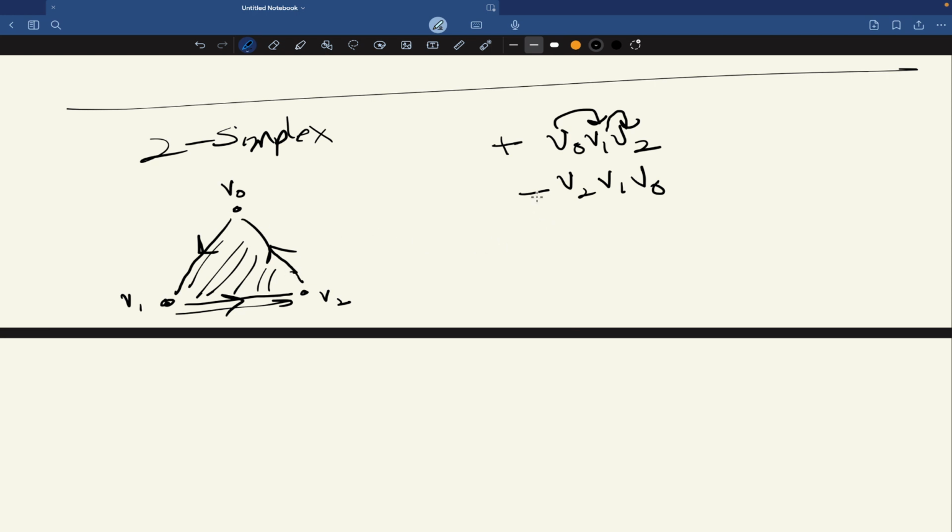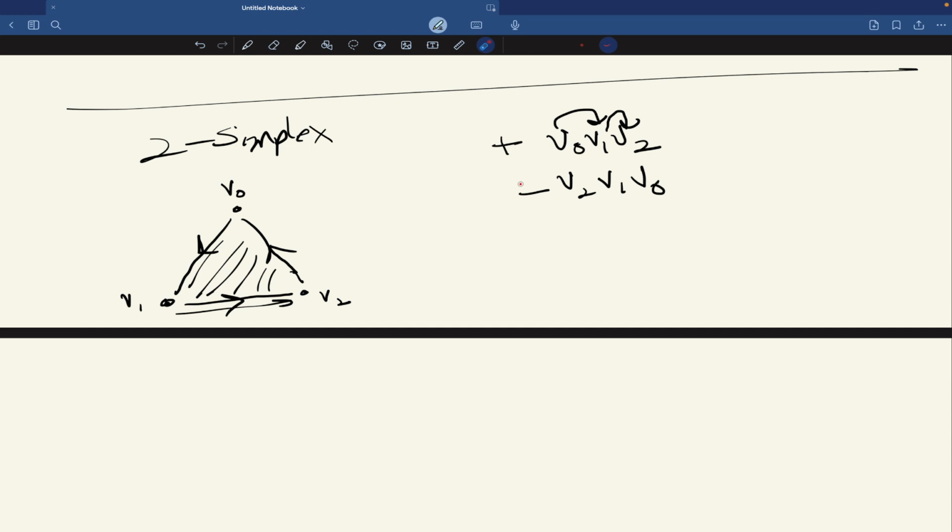And one thing you can notice is that to get this notation from this notation, we have reversed V0 with V2. V1 is in its own correct place, so V1 is at second place here also, and V1 is at second place here also. But we have swapped V0 with V2, and the sign got flipped.